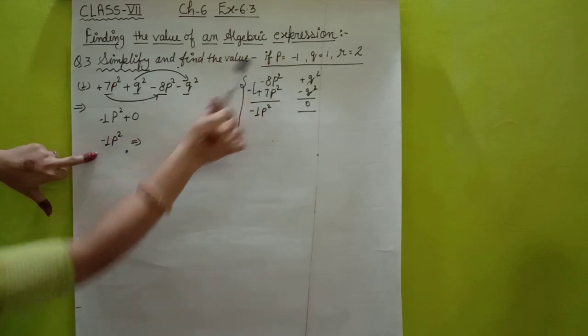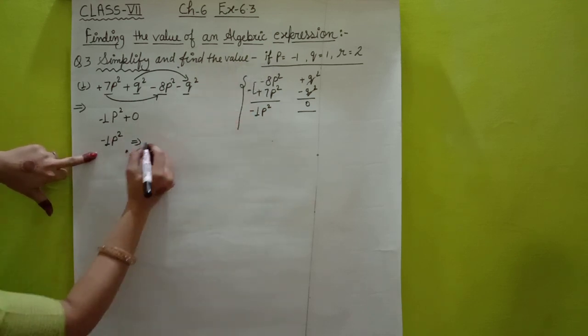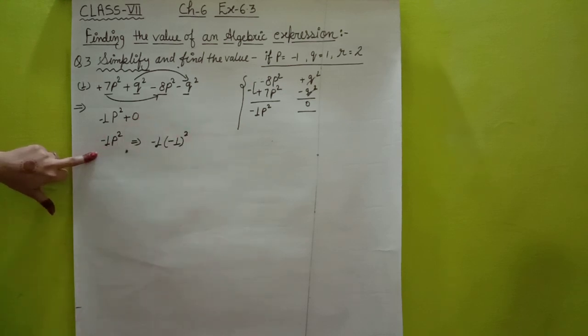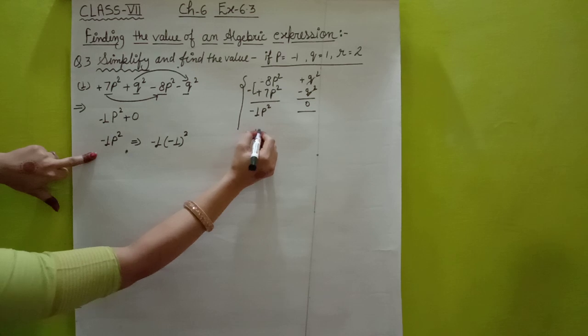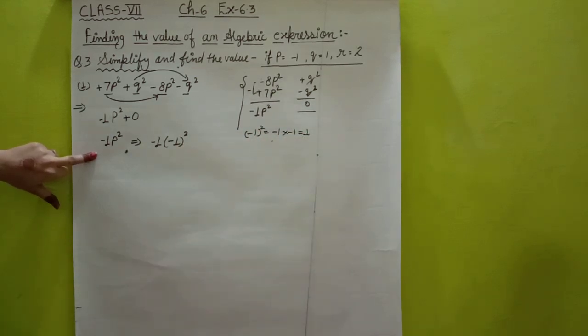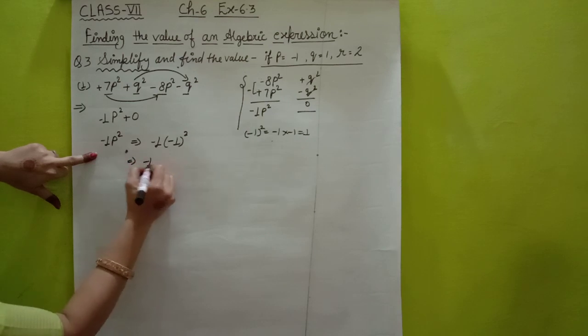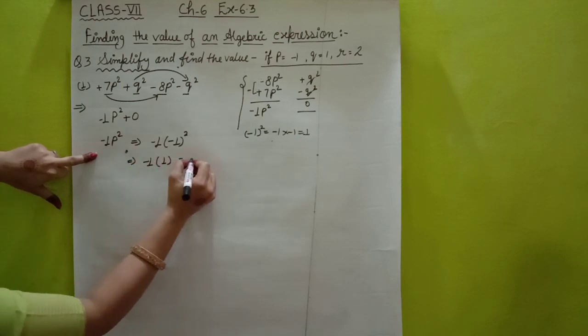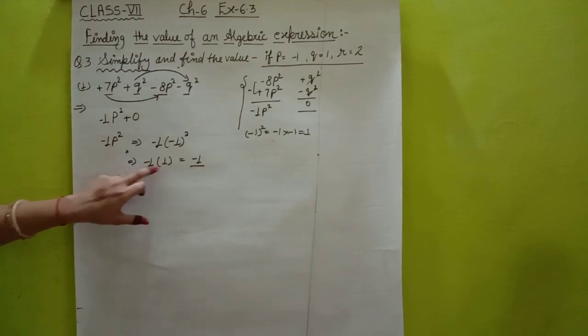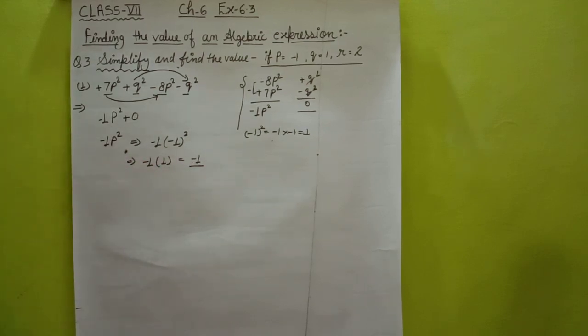Now the value of p we will put, minus 1. Minus 1 at the place of p, minus 1 square. Minus 1 square means minus 1 multiply minus 1, it will be 1. So minus 1 multiply 1, it will be minus 1. 1 multiply 1 is 1, and this minus sign will come as it is.